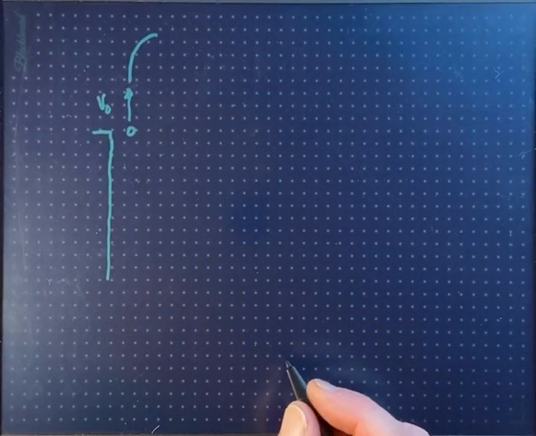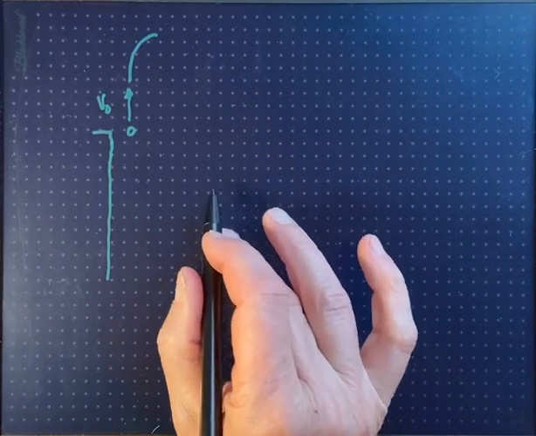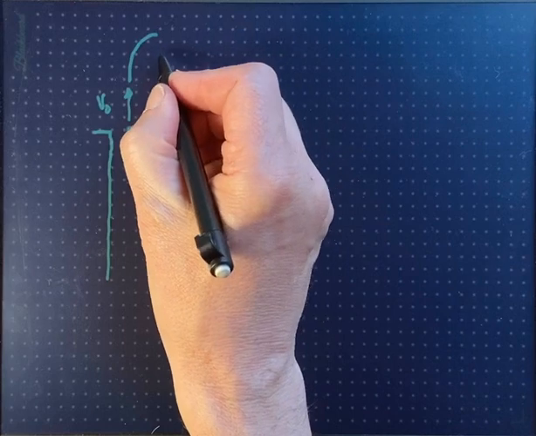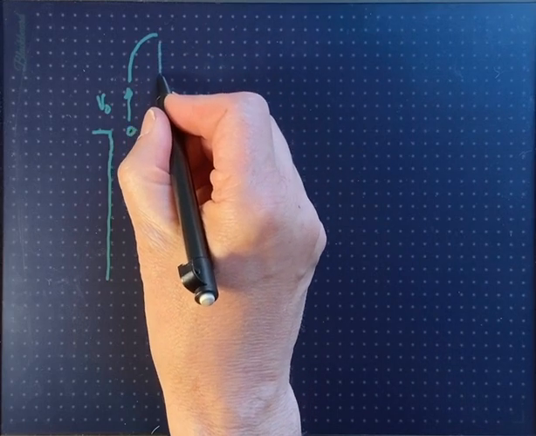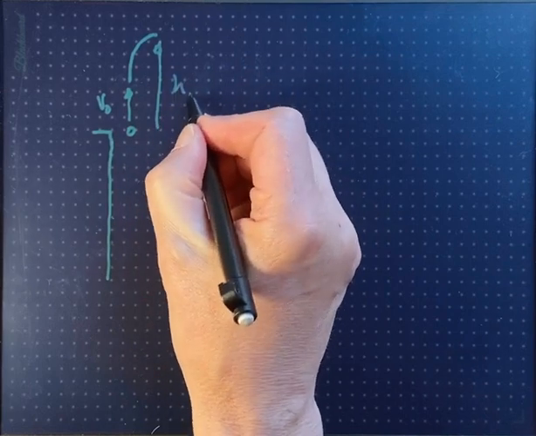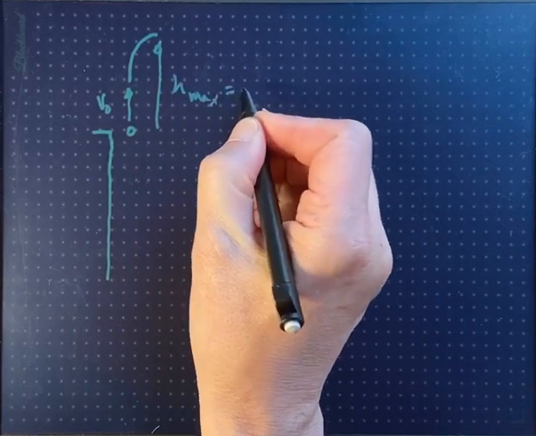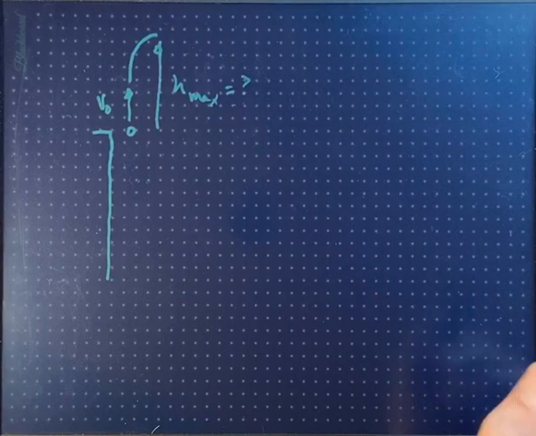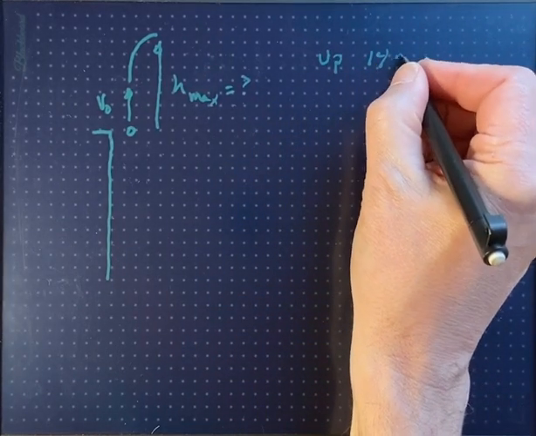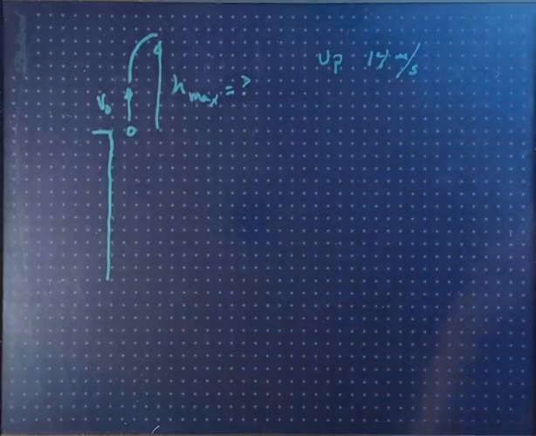We caught it 3 seconds later, so that's when it was maybe here, so part of the way down. How high does it go? In other words, what's this maximum height? If you throw a ball up at 14 meters per second, how high does it go?